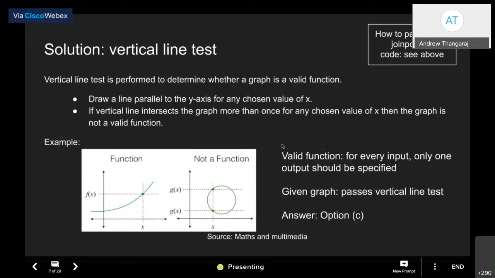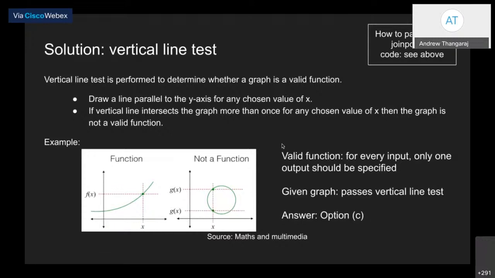A function is valid if for every input there should be only one output. When I say input output, you imagine what it is. So it's x and f of x. For every x, there should be a single f of x. If it looks like there's ambiguity in the f of x, then it's not a valid function. So that's the most important area.